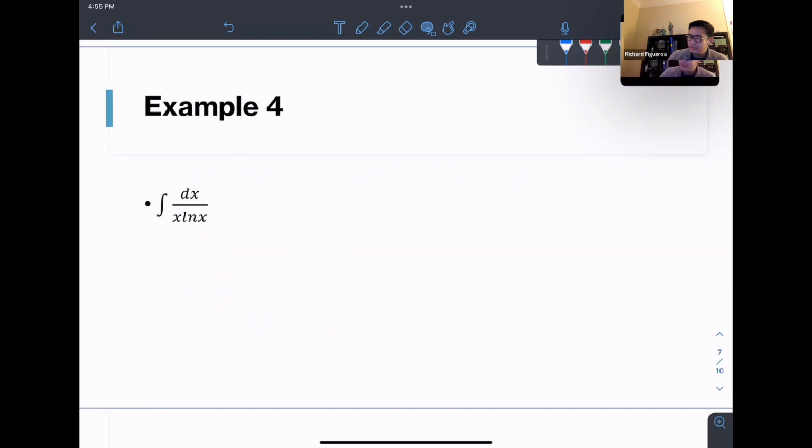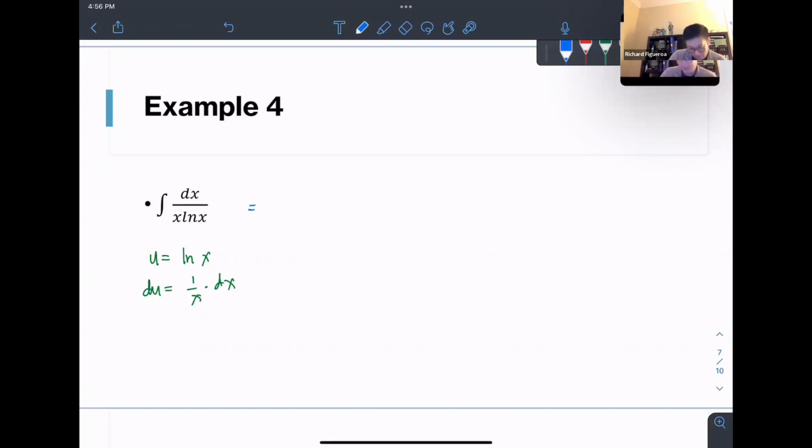So what are we going to do? There are cases where not the entire denominator should be your u. In this case, our u is just actually ln x. So once I derive it, the derivative of ln x is 1 over x dx. Now, let's look at this.